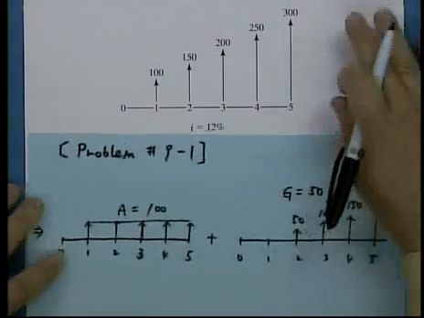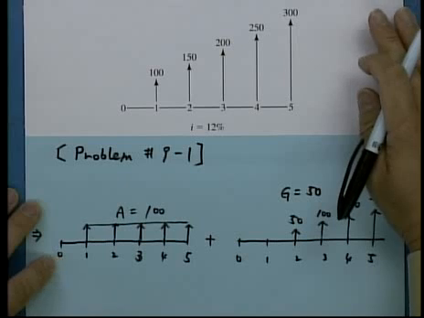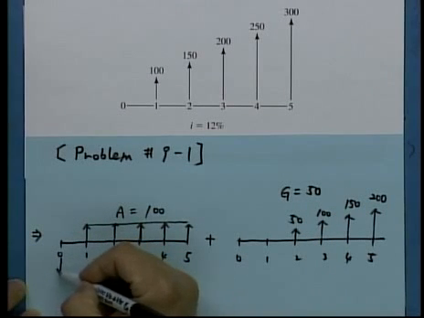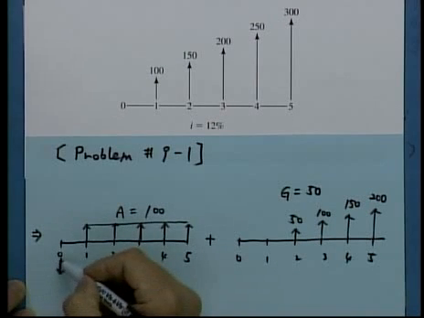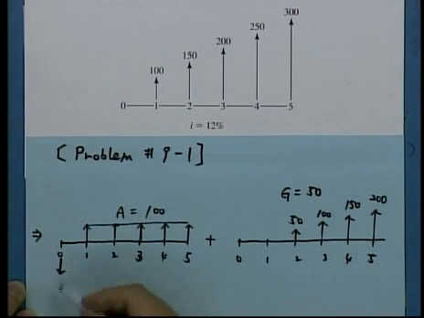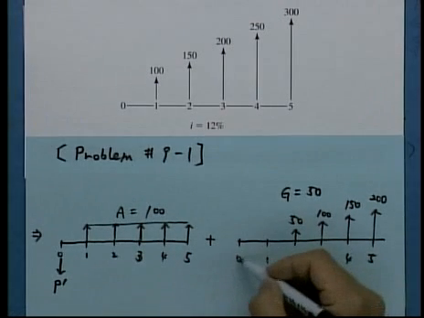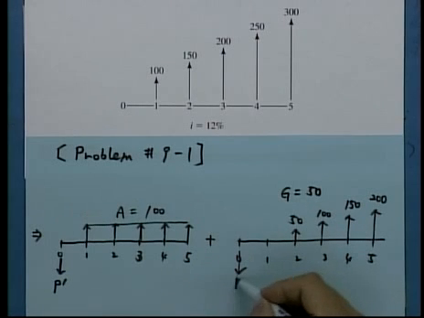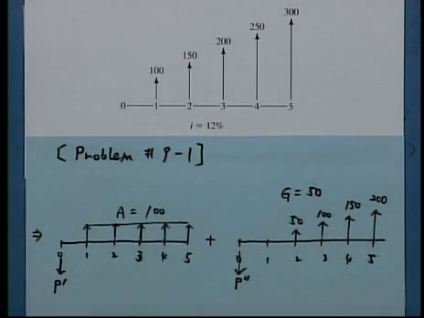Let's first calculate the equivalent present sum. Let's say P prime, and another equivalent present sum of money, P double prime, here.